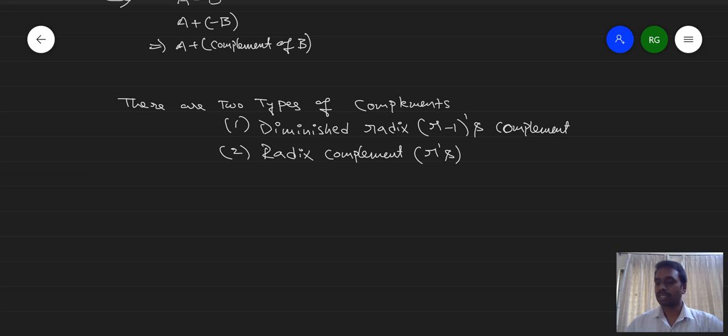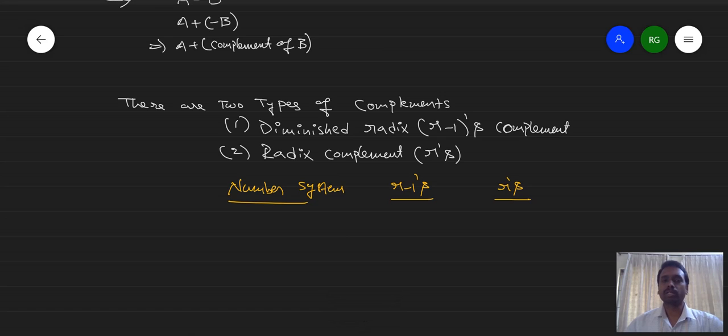So let us summarize that. Number system, r minus 1's complement, and r's complement. Here r represents the base of the number system.